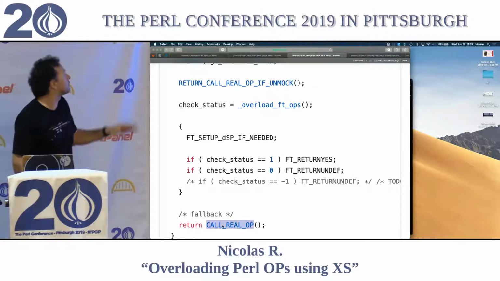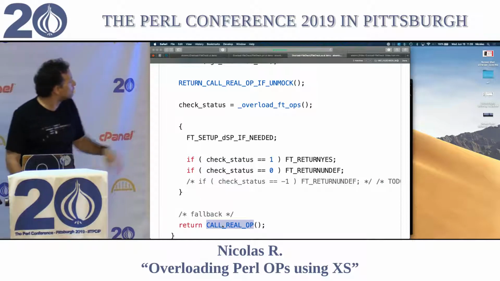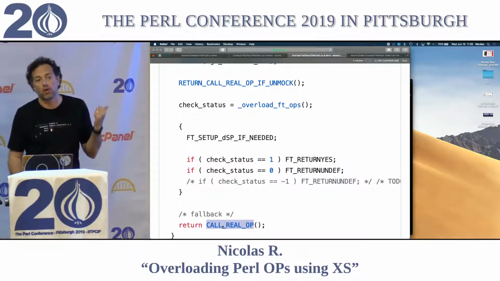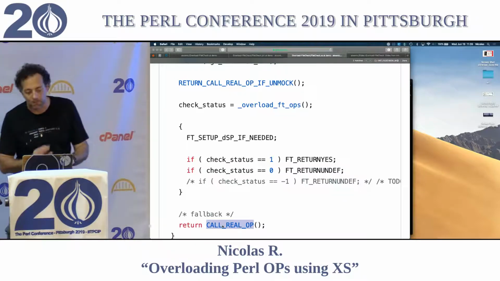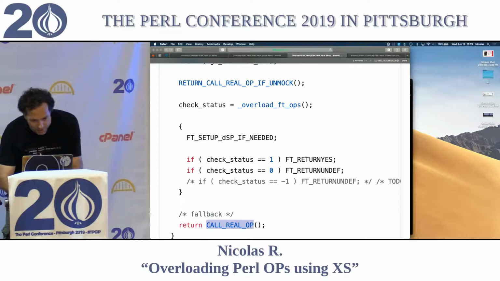In any case, we then always fall back to the real op. So that was just a quick example, and that branch is running some basic tests. You can play with it. That's how -e, very basic -e, is implemented.